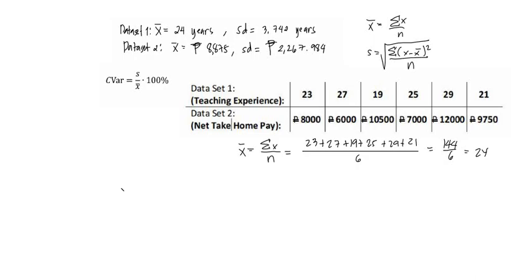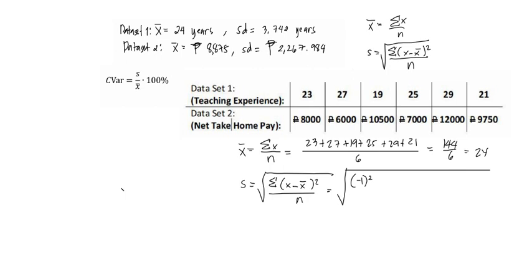And then, for our standard deviation, yung ginagawa natin is that that's gonna be the square root of the summation of your x minus x bar squared divided by n. So, what I usually do is kinukuha ko muna yung ating mga differences of your x minus your x bar, or the mean, and square our data. So that would be, for that case, 23 minus 24 is going to be negative 1.